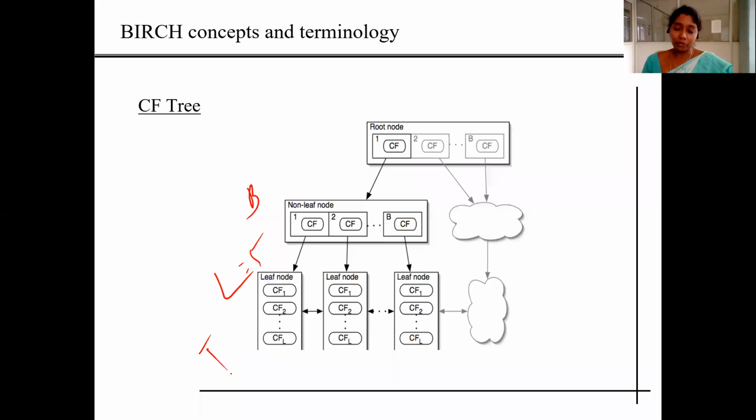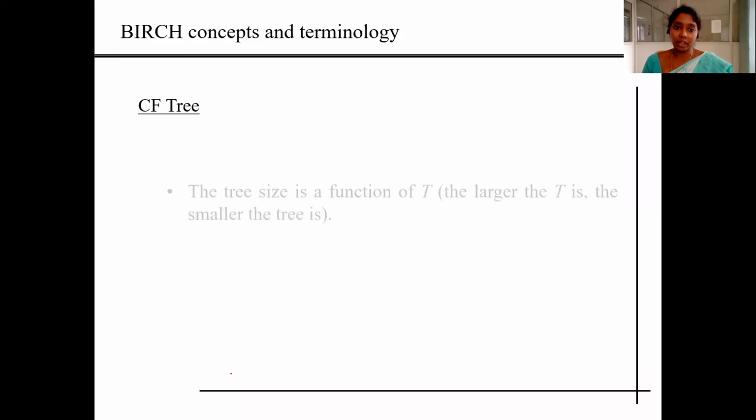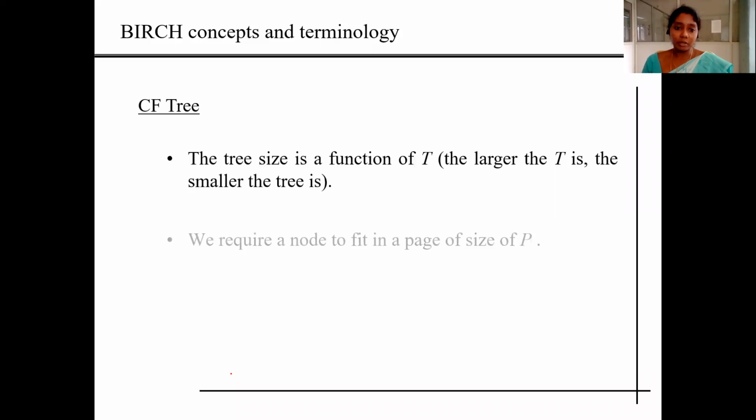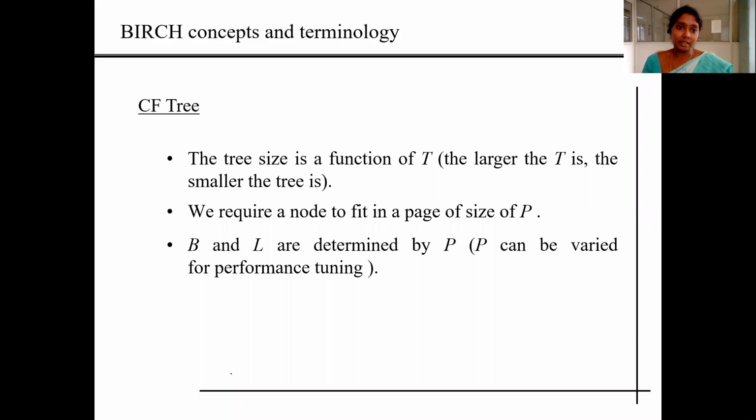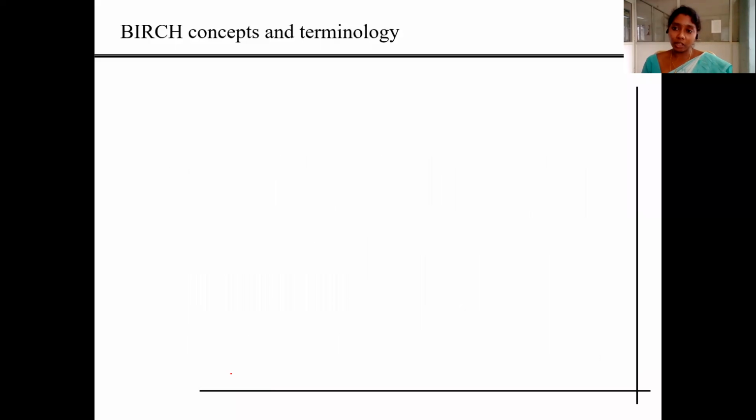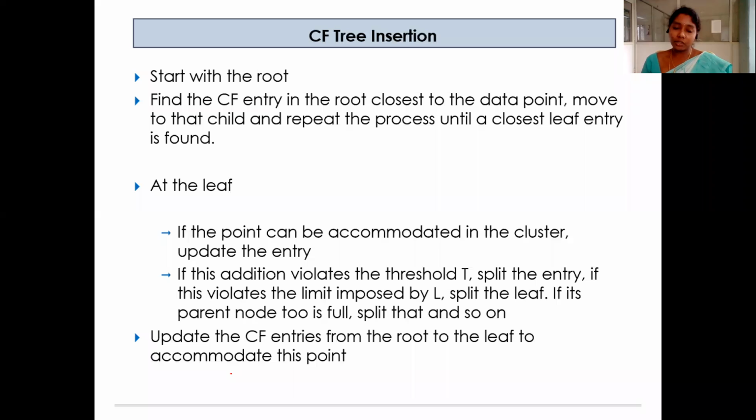So this is all about the CF tree, and how the insertion into a CF tree takes place. If you are going to add an element to the tree, first we need to check with the root node and traverse it to the leaf node, and based on its similarity with the clusters present in the leaf node, it is added to that particular cluster.